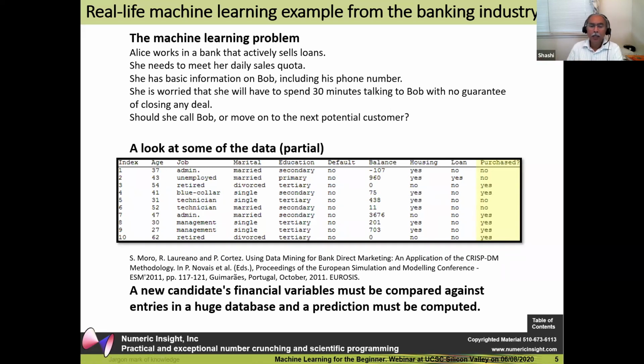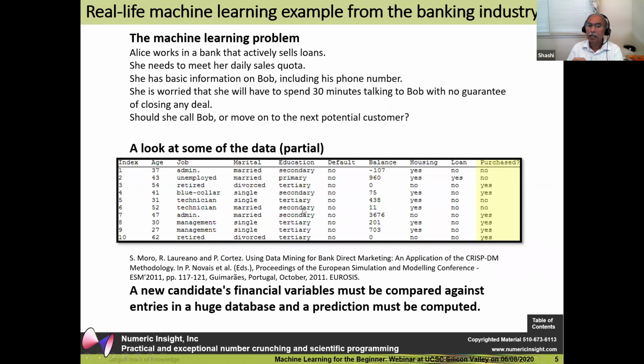So you see, if Alice wants to decide whether to call Bob or not, then she has to compare Bob's financial variables against entries in this huge database and compute a prediction. So this database is a historical record. For every entry here, the bank knows what happened. Did that customer buy or not buy?